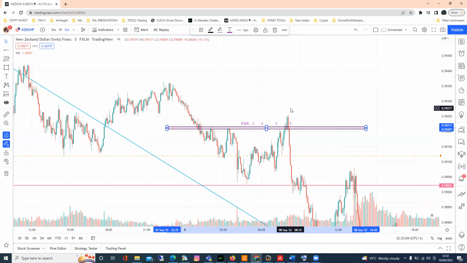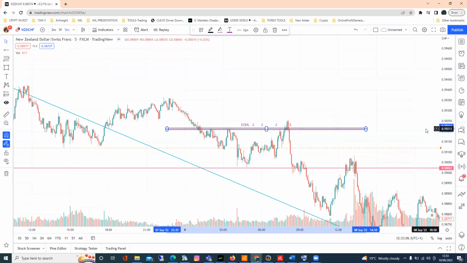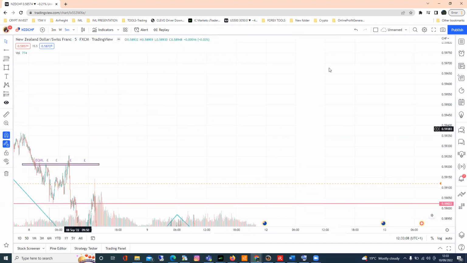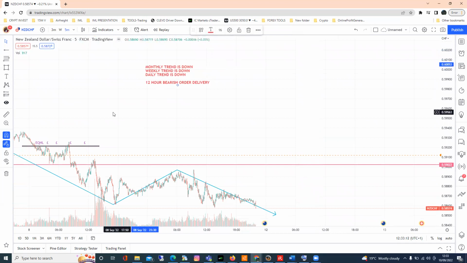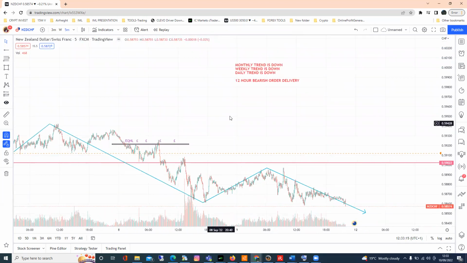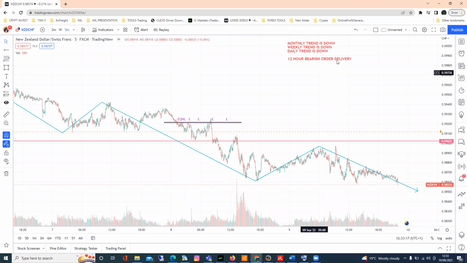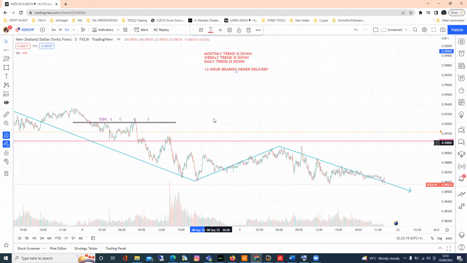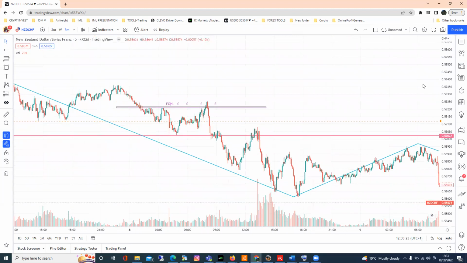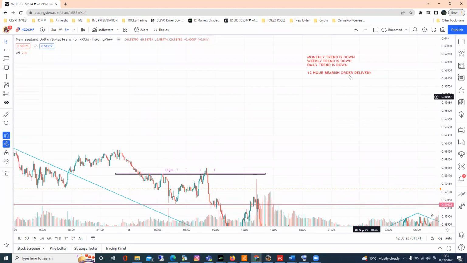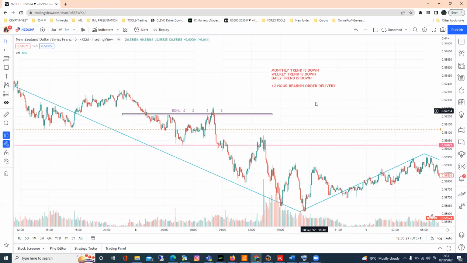Meanwhile, the original trend, as we've been discussing earlier, we still have to kick back in. Monthly is down, weekly is down, daily trend is down. So bearish order delivery is there, and now the psychology has been played upon, and we have this massive rejection of the highs.